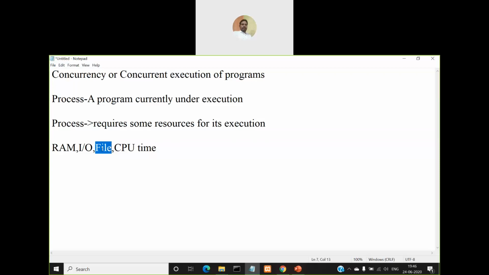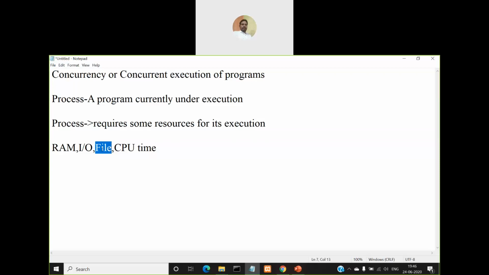Just like in yesterday's example, how we have taken an examination. The resources for writing the exam are the paper, the pen, the pencil, eraser, all these things. So you'll not be using all the resources at a single time, right? When you're using pen, you'll not be using the pencil. When you're using pencil, you'll not be using the pen.